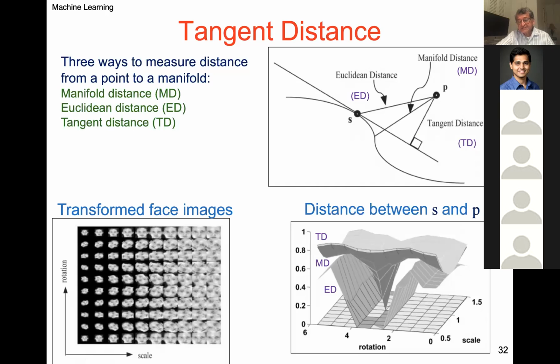So this tangent approach is based on manifolds. Let's say we have an input S here, like this is the face. And as we move the face and transform it slightly, we are moving. Let's say the transformation is only one type of transformation, so we're only moving along this line rather than on a surface, right?